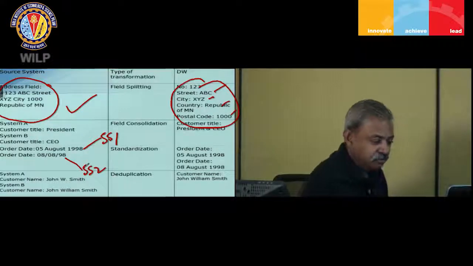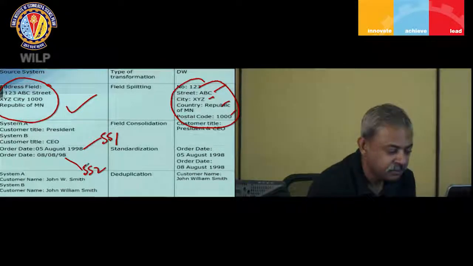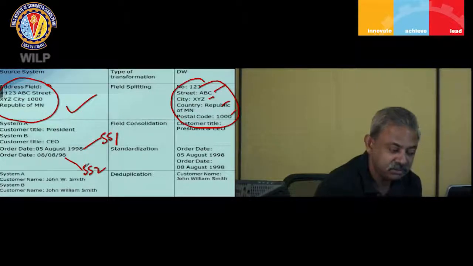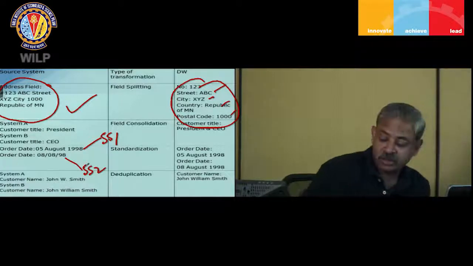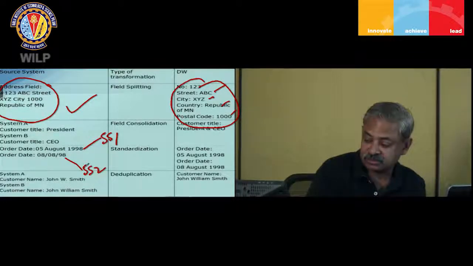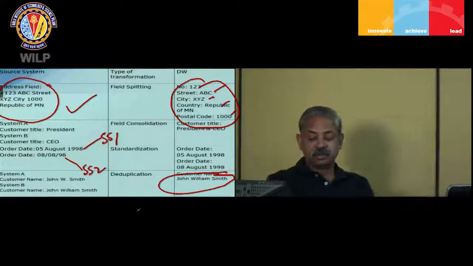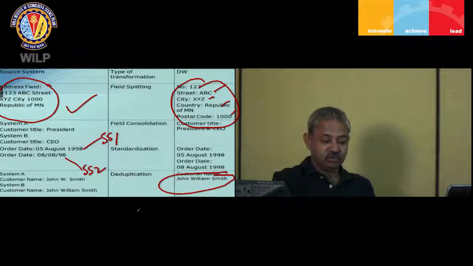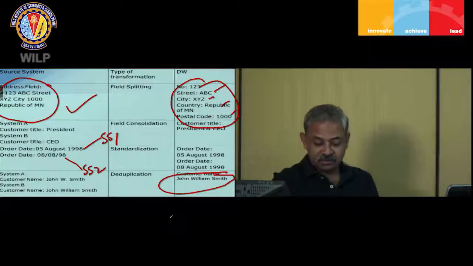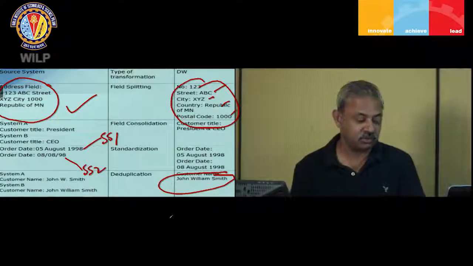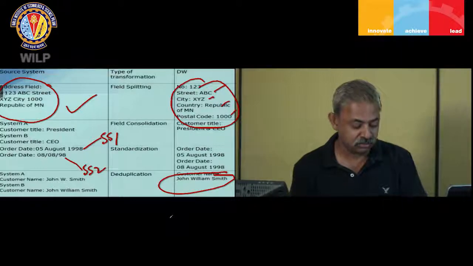But before you take a call, you need to look at the other attributes they have, and if the other attributes match, then only you say that these two are the same person, and you end up putting the customer name as John William Smith. You could have also written John W. Smith, but it is always good to expand all the initials so that later when you are looking for this person, there is no confusion.